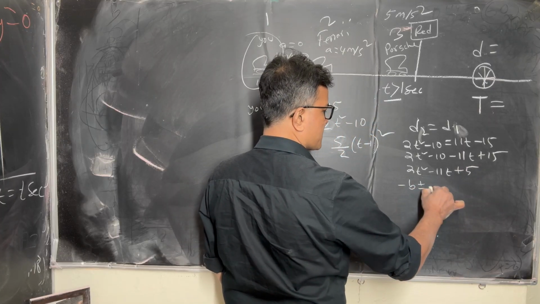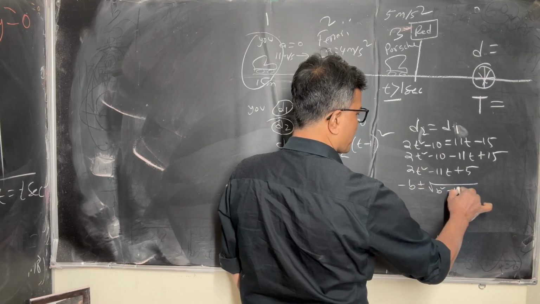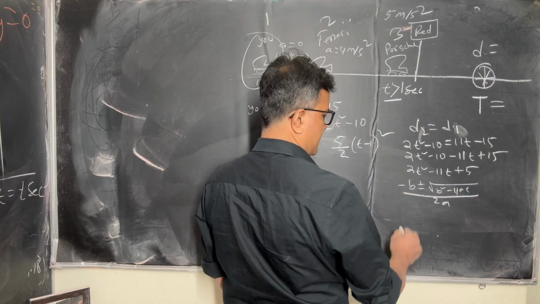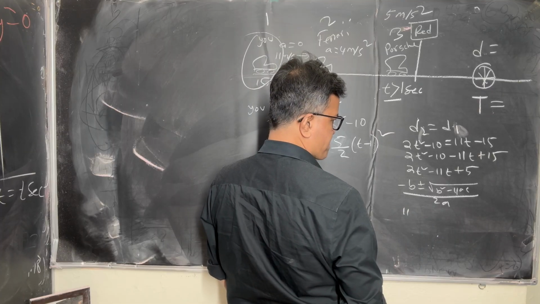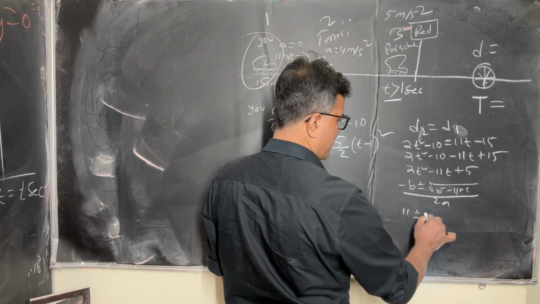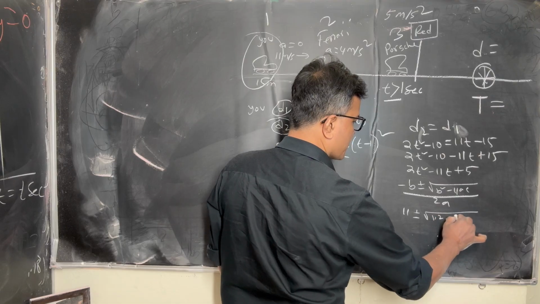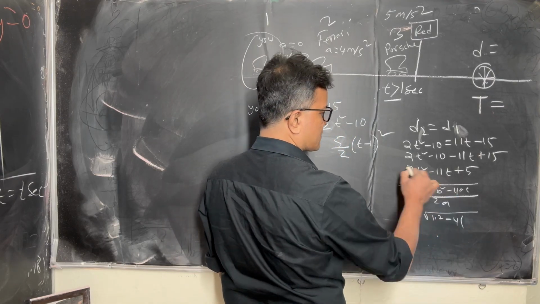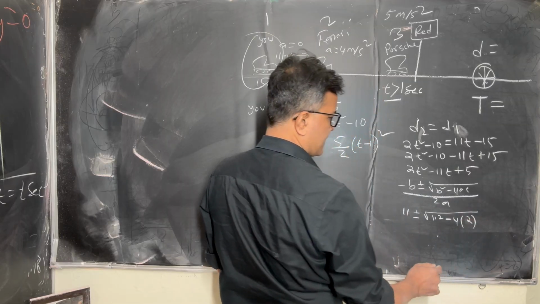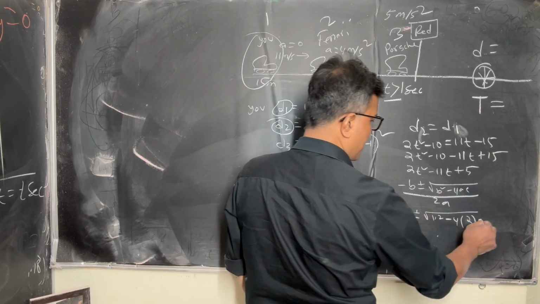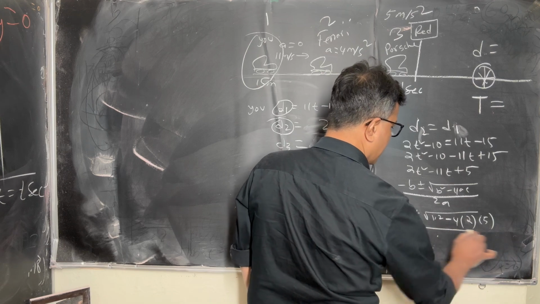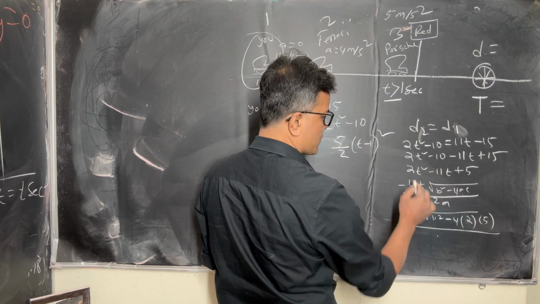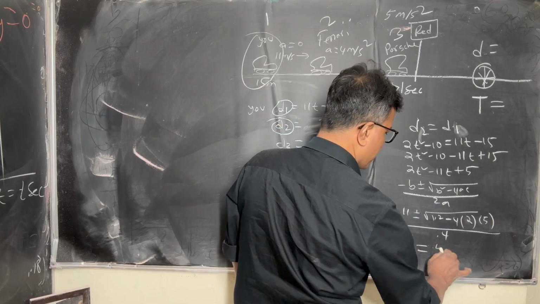Minus b plus minus square root of b squared minus 4ac over 2a. 11 plus minus square root of 11 squared minus 4, A is 2 and c is 5, and this is 2 times 2, 4. So this is 5 seconds.